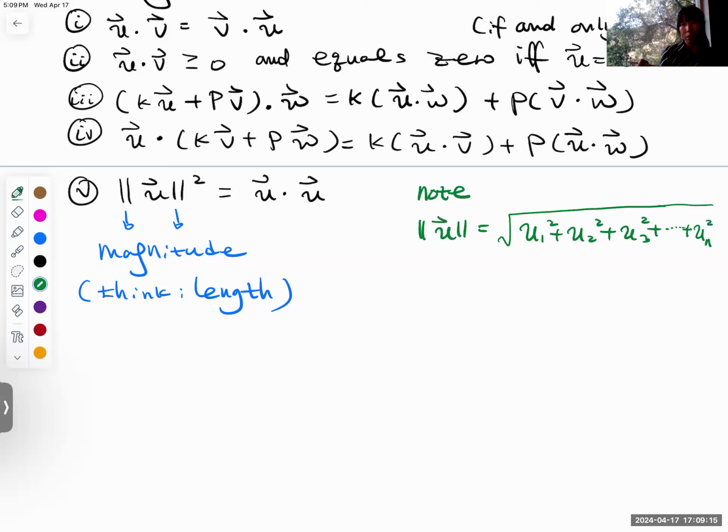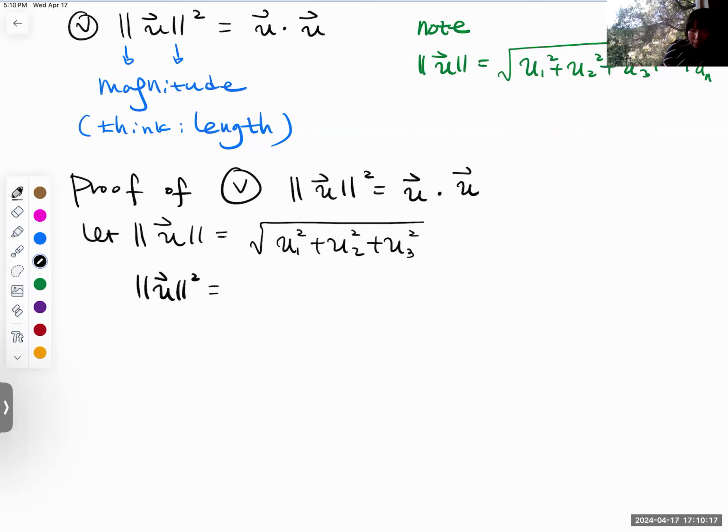Okay, then we have, if we square them, then let me just copy this one squared, right? If we say that this is squared, then we have a square root, so this will be only inside the square root.